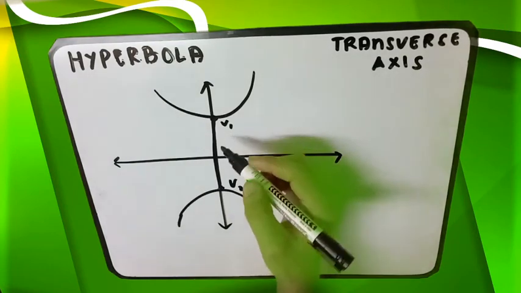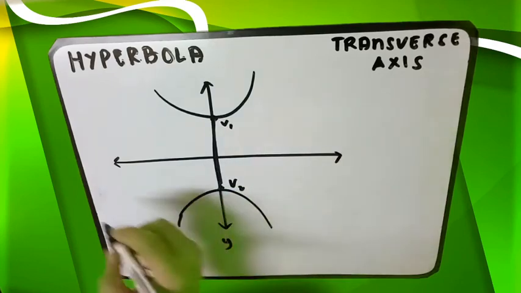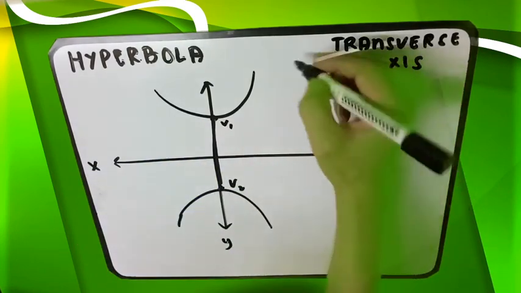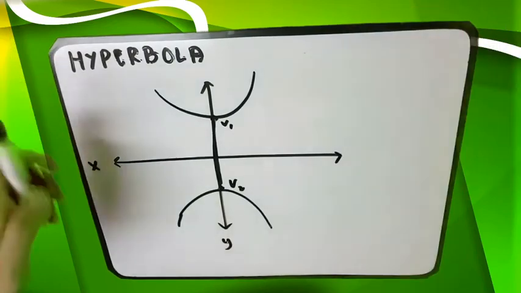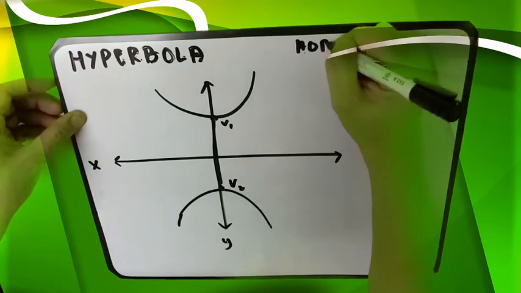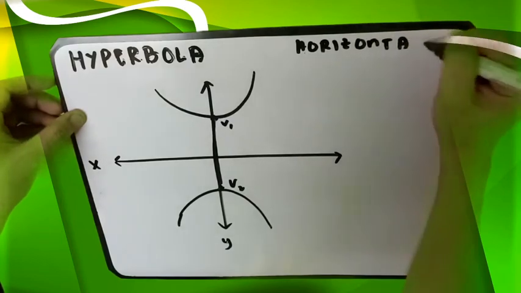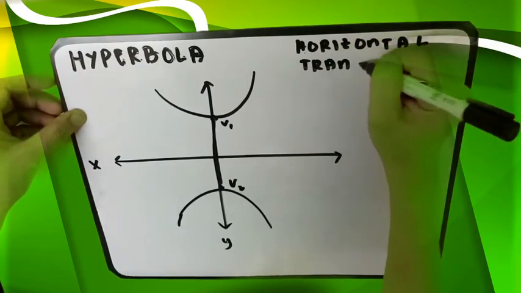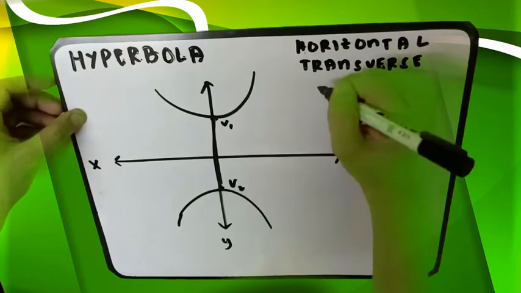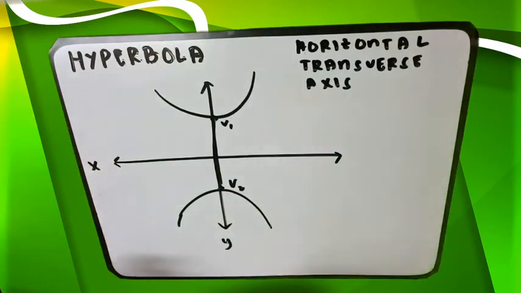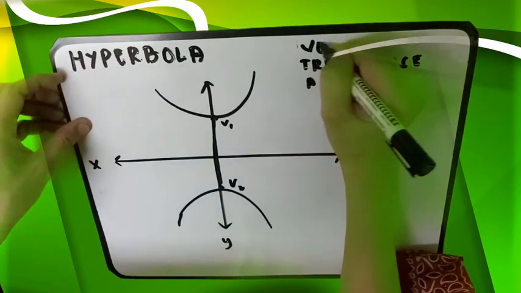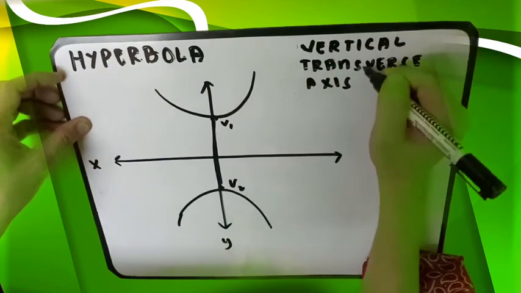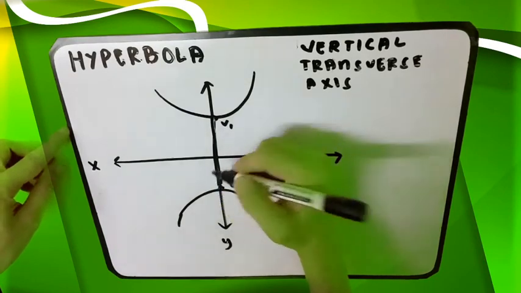Kung ang transverse axis ay nasa y-axis, so that is vertical transverse axis.